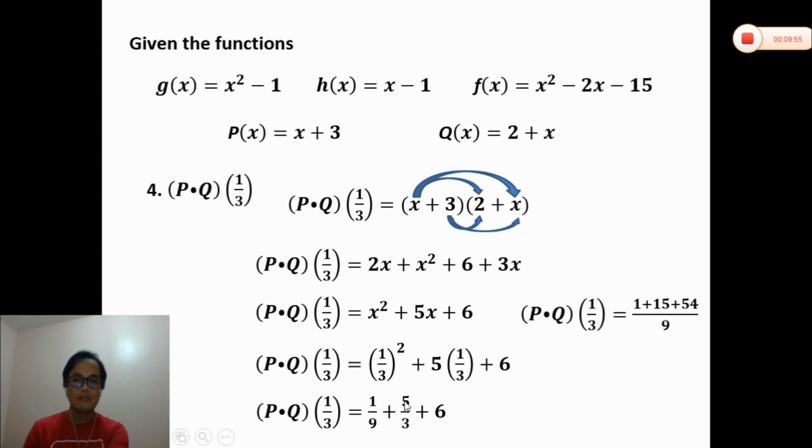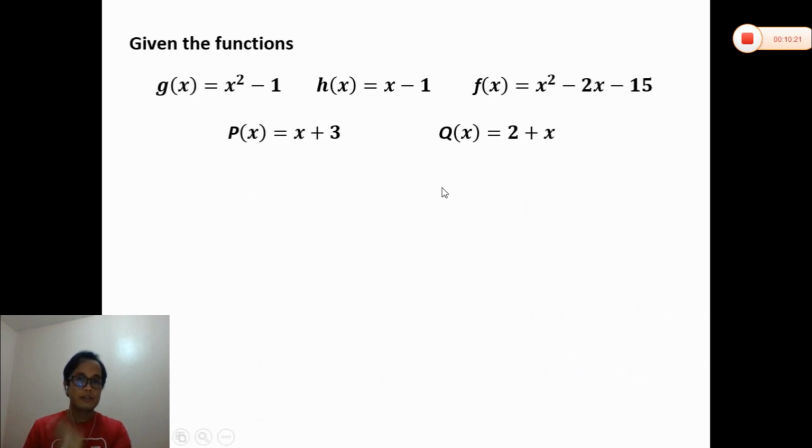Then multiply to the numerator 5, that gives us 15. Then we have the 9 divided by the assumed denominator 1 here, that is 9, times 6, that gives us 54. Now we add the numerators, that gives us 70. We copy the denominator 9, so the final answer is 70 over 9.